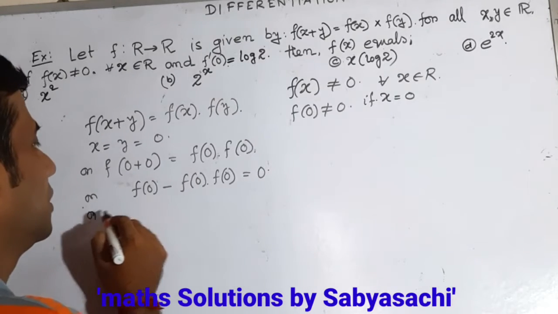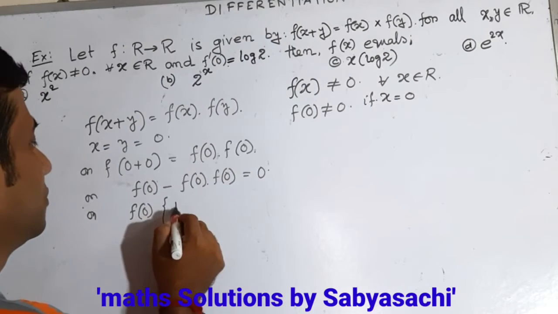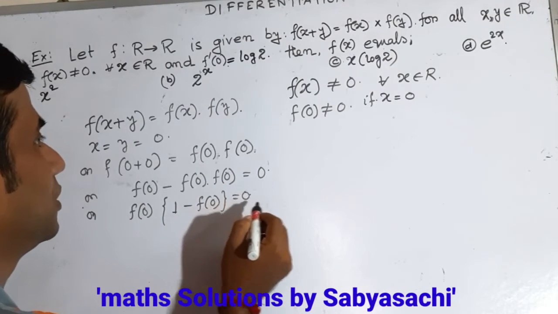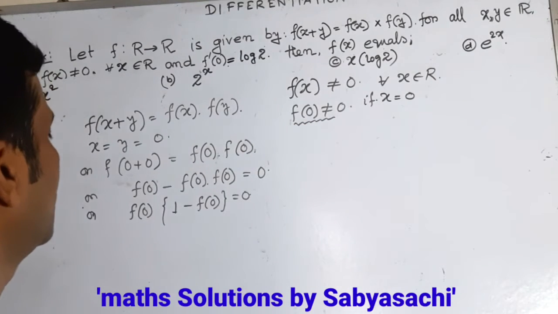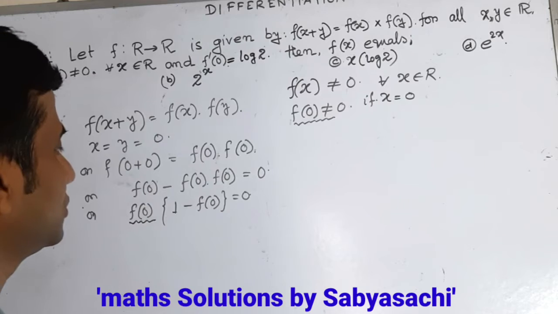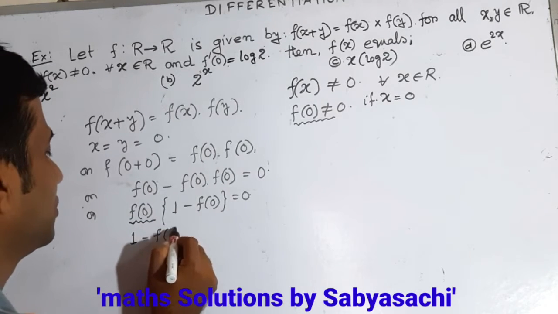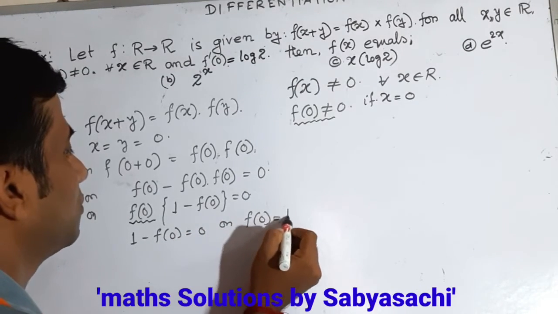Or taking f of 0 common, we get f of 0 into 1 minus f of 0 is equal to 0. As we have earlier said that f of 0 is not equal to 0, then this term will be 0. Then 1 minus f of 0 is equal to 0, or f of 0 is equal to 1.